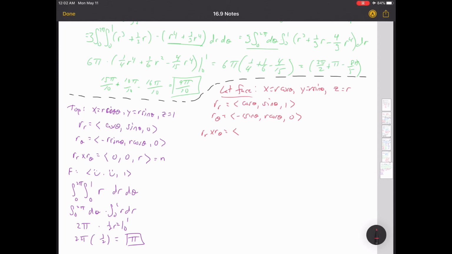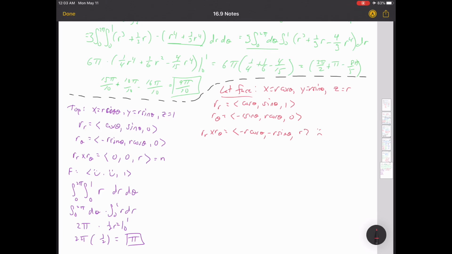Getting rid of the i row and column is going to give us 0 minus r cosine theta, so minus r cosine theta. Getting rid of the middle row and column is going to give us 0 minus minus, so it's plus r sine theta, but we have to change the sign to negative r sine theta. And getting rid of the k row and column is going to give us r cosine squared plus r sine squared, so we know that that's r.